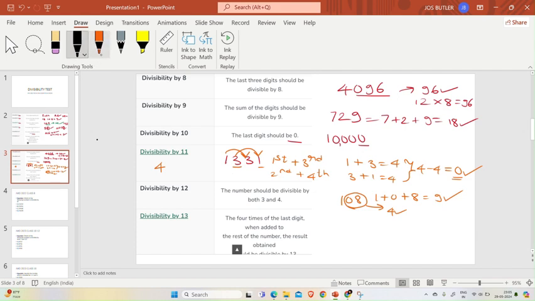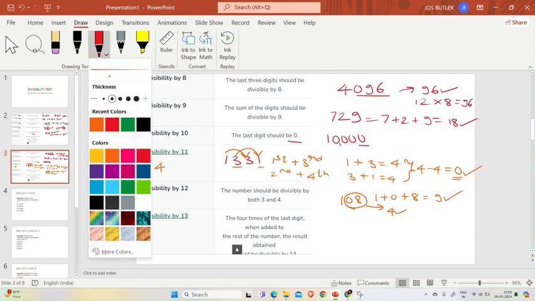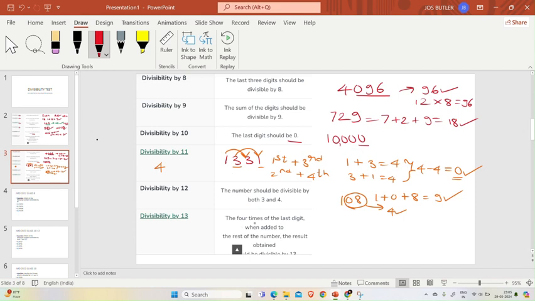Now for the divisibility test by 13, this is also slightly important. See what happens. Say you have a number 182.